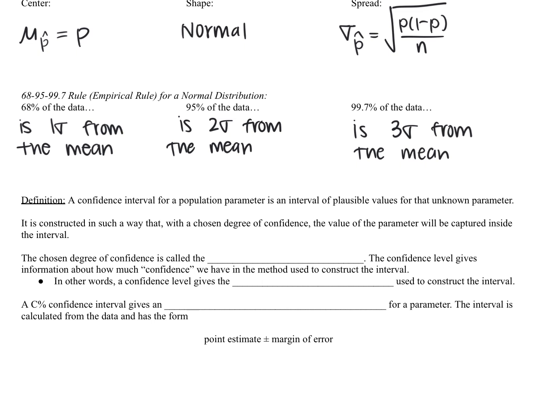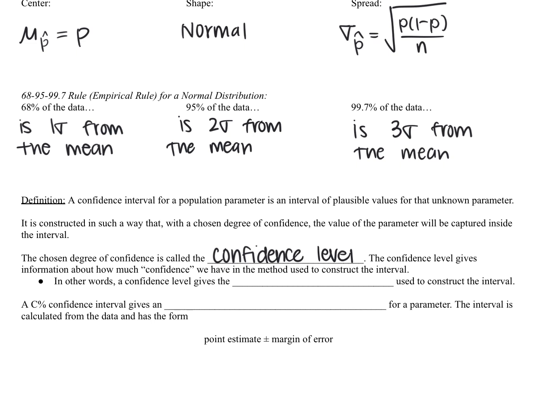The chosen degree of confidence is called the confidence level, which tells us how much confidence we have in the method used to construct the interval.